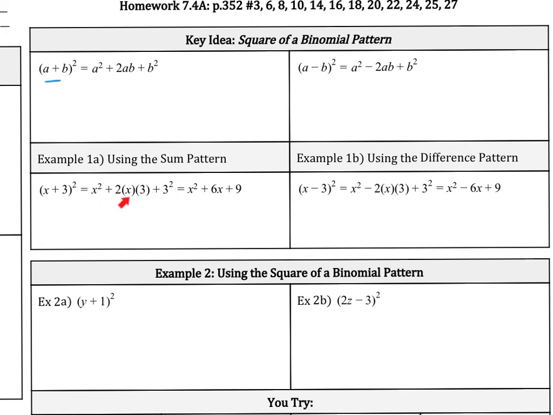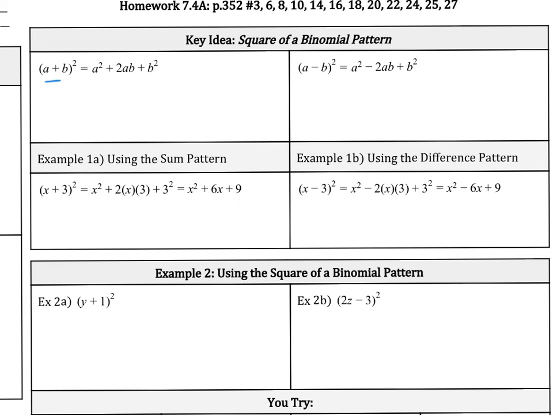When I rewrite it, I get x square plus 6x plus 9. My final answer is x square plus 6x plus 9.